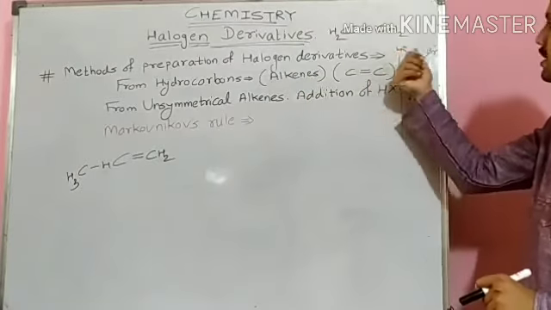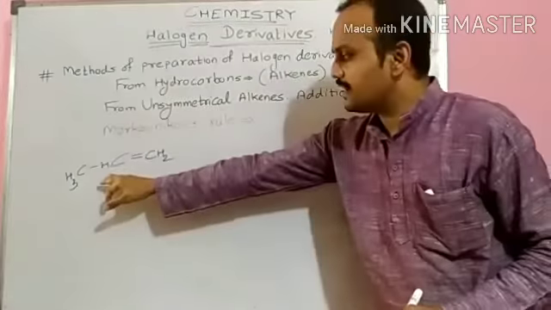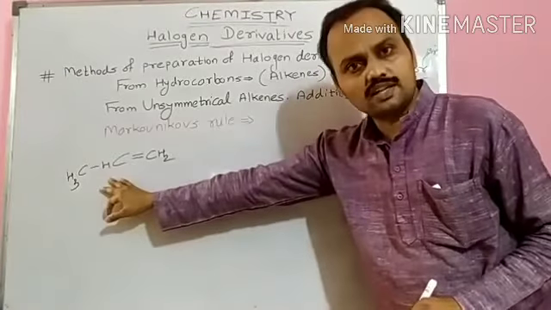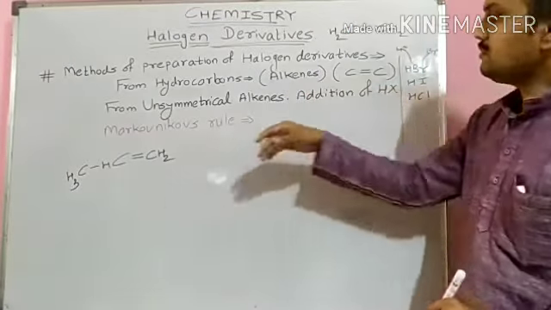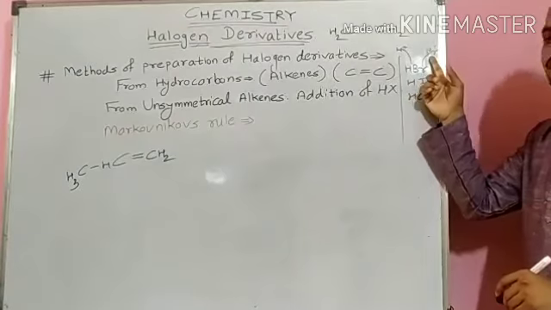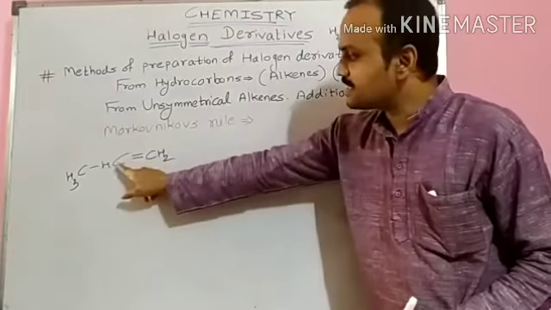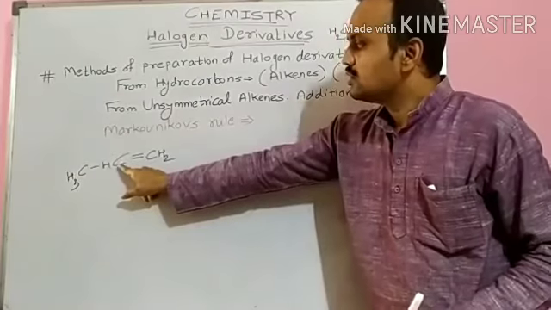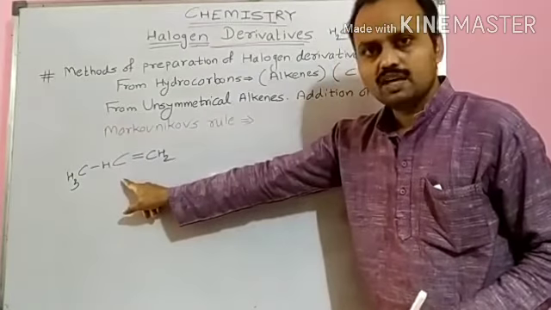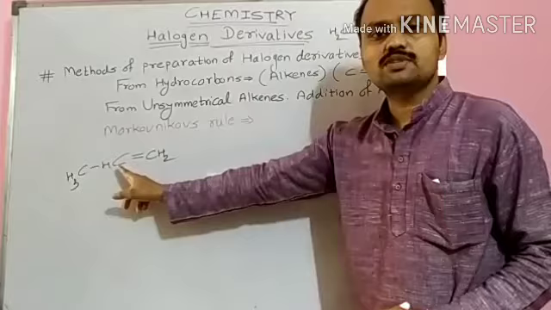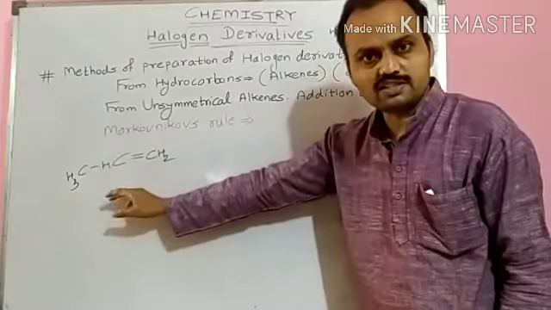When an unsymmetrical reagent gets added to an unsymmetrical alkene, then the negative part of the reagent gets attached to the carbon atom having fewer hydrogen atoms attached to it. I will repeat the statement.